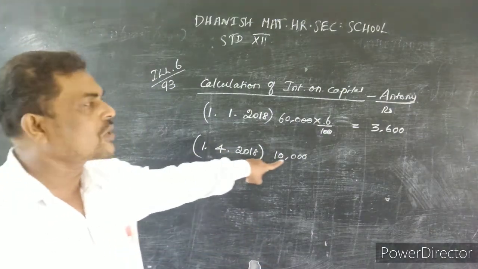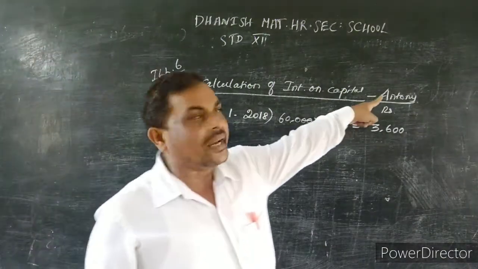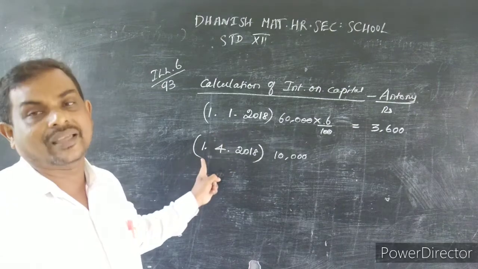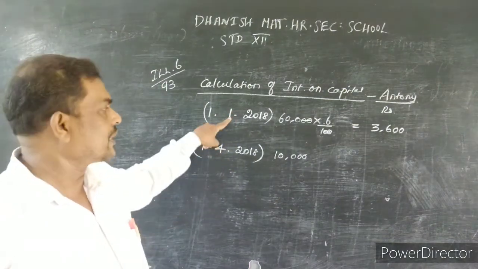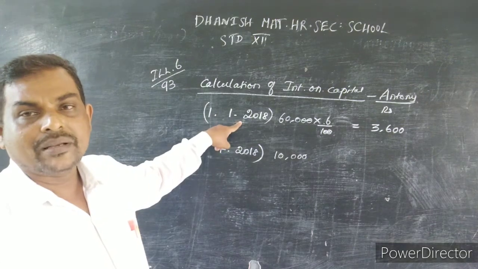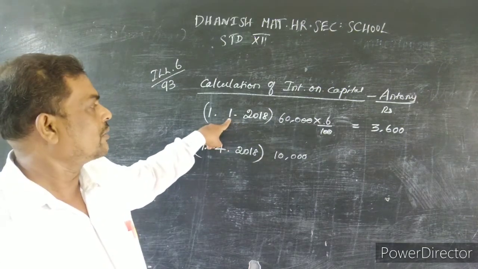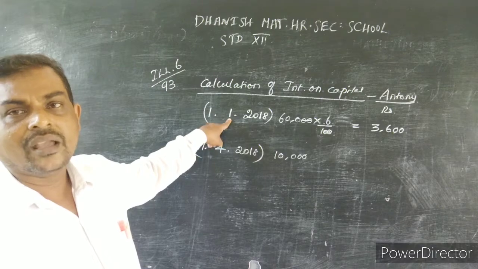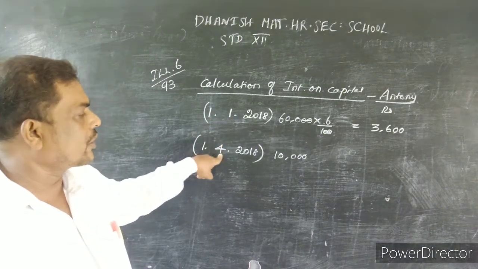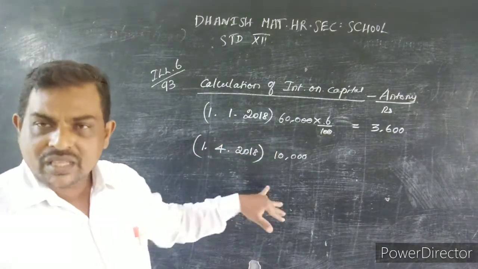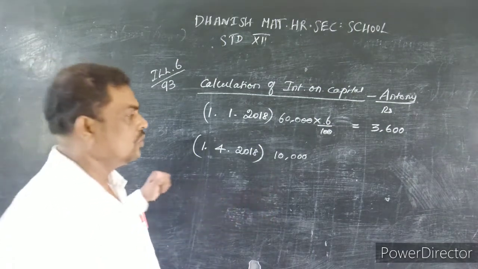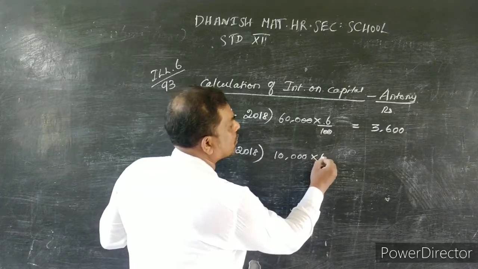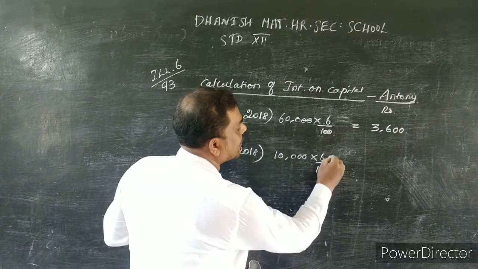But this amount was also contributed by Antony during the year, not from the beginning. After 3 months of the business year commencing on 1st January, he contributed this 10,000. For this 10,000 also we have to give him interest: 10,000 into 6 by 100.